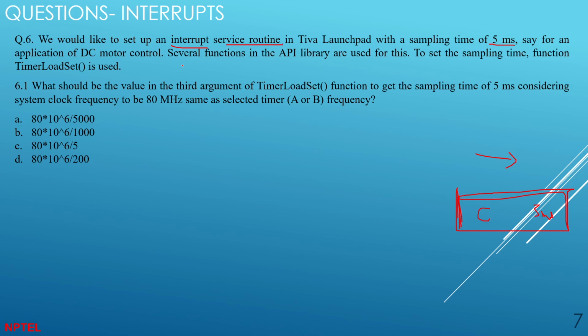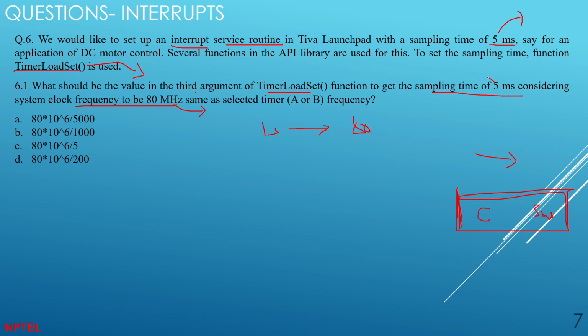Several functions in an API library are used to set a sampling time. Whenever this load set is given, we need to answer in terms of clock cycles. So what should be the value of the third argument, the timer load set? We set the timer of the interrupt to 5 milliseconds, considering the system clock frequency of 80 megahertz. Here the clock frequency is changed. In 1 second, how many clock cycles will it give? 80 megahertz, right?